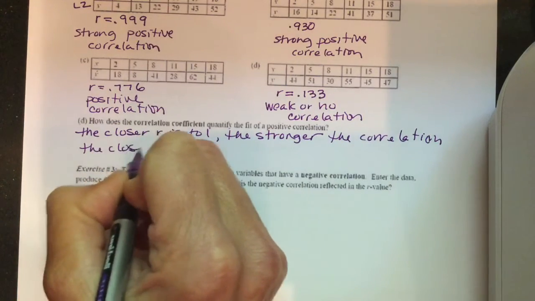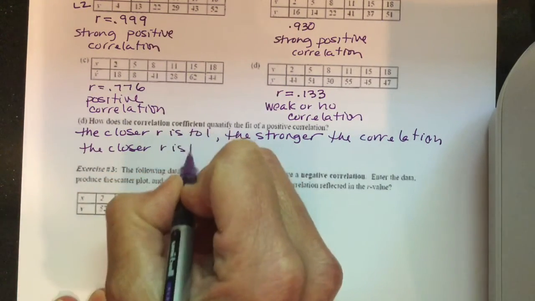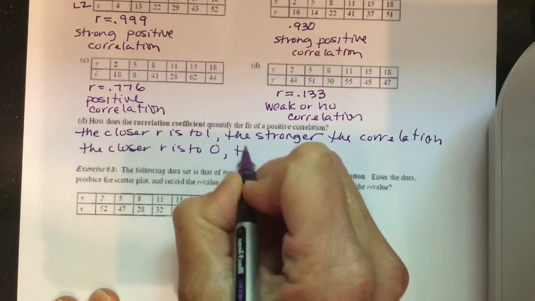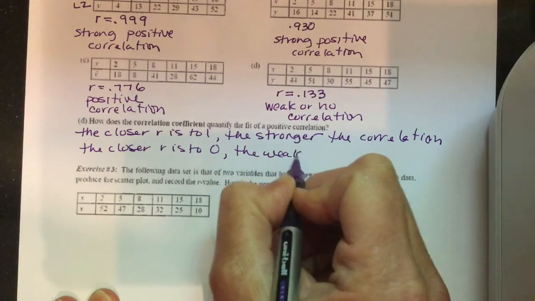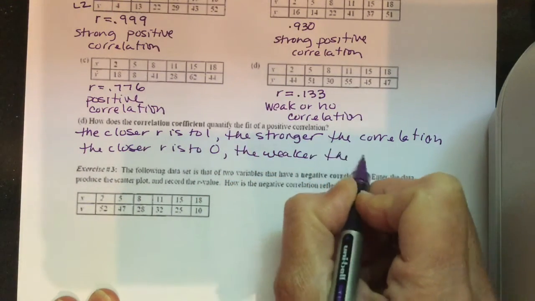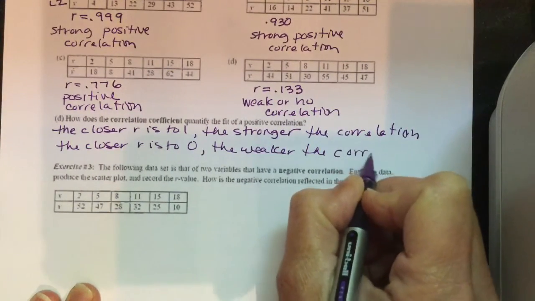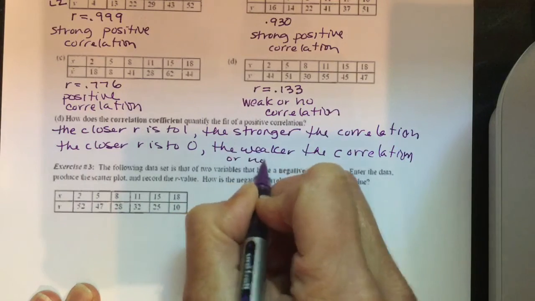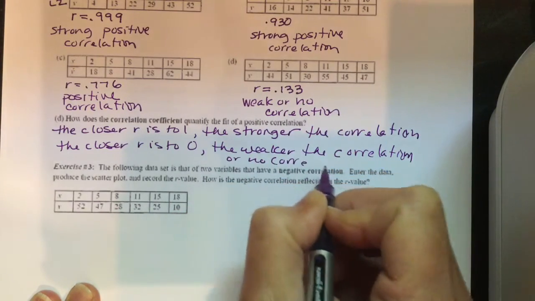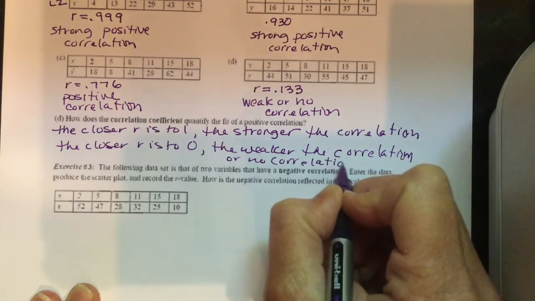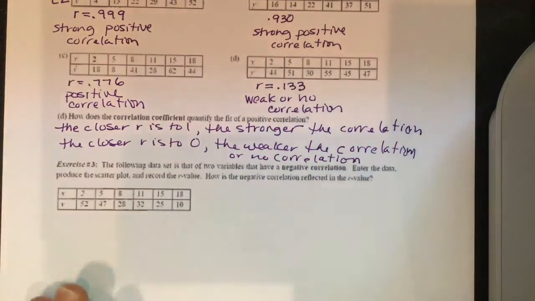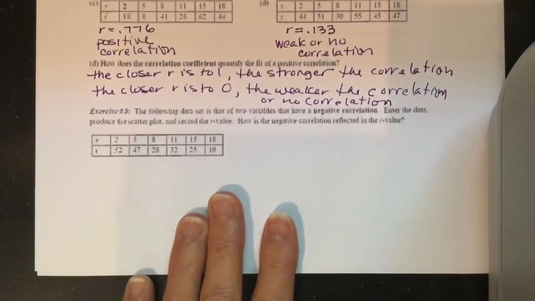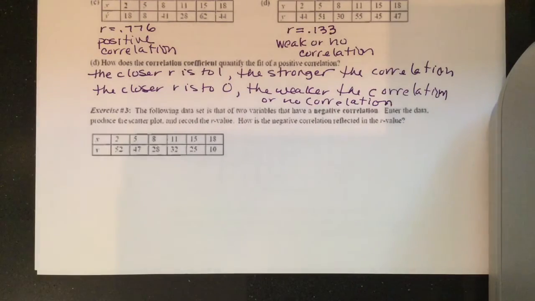The closer R is to 0, the weaker the correlation, or no correlation, depending on how close it is to 0. So that is for a positive correlation.